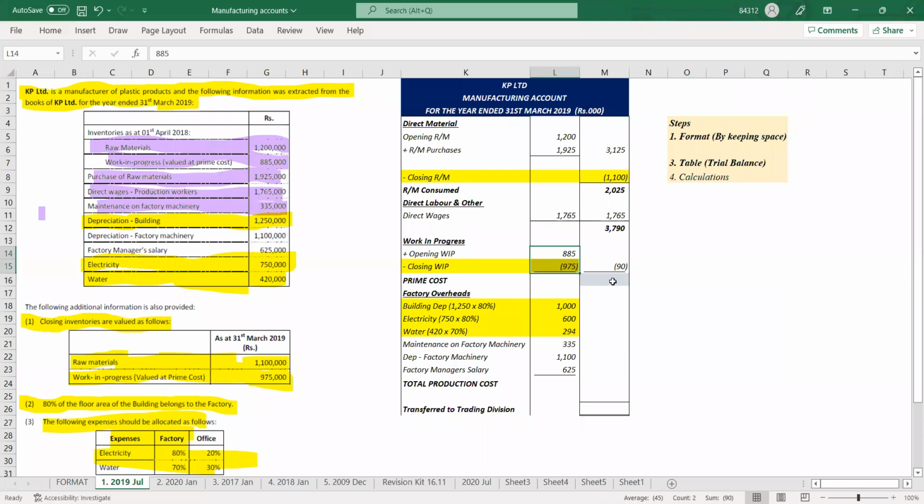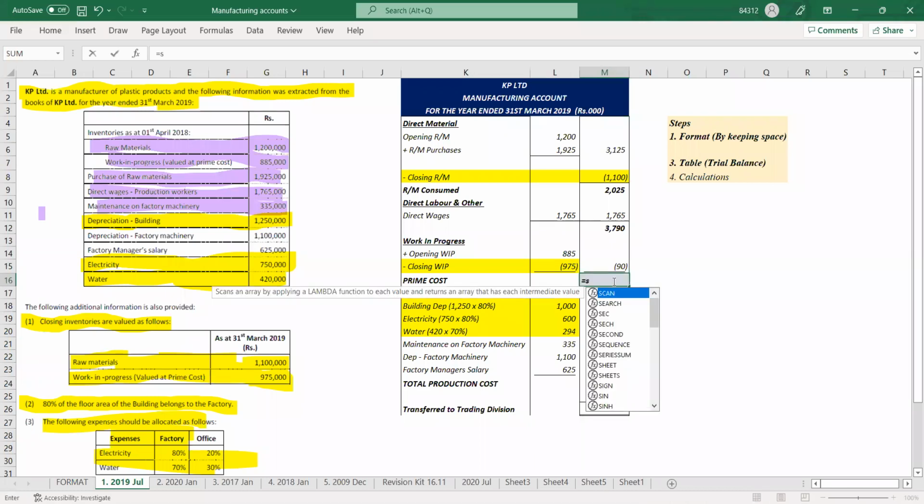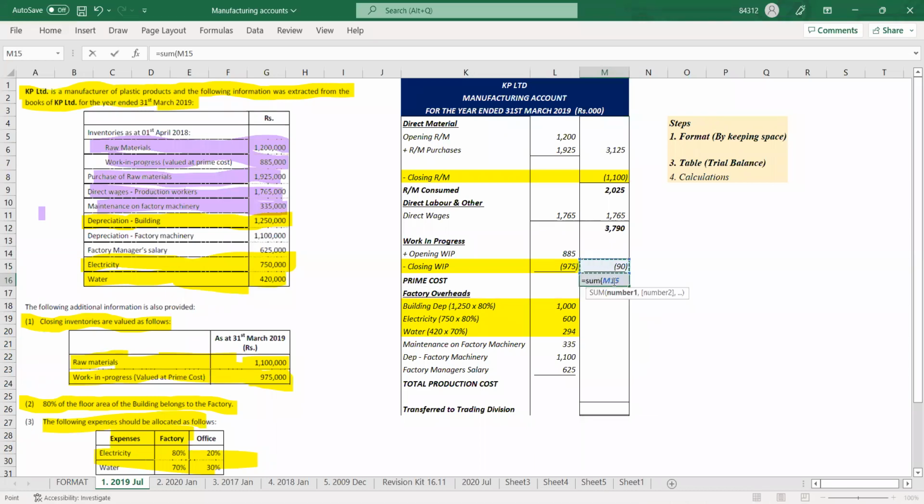Right. So prime cost is 3,700. $7,654. Right.